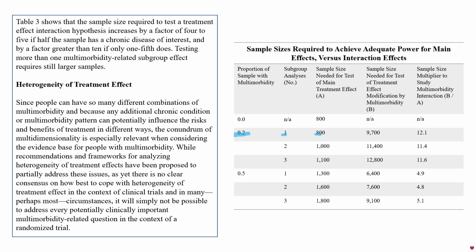The sample size needed for a test of treatment effect modification by multimorbidity is 9,700. And the sample size multiplier to study multimorbidity interaction B over A is going to be 12.1. Go ahead and take a moment and go through the remainder of the table.